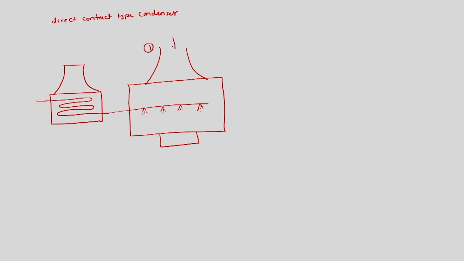This is state 1 where we are getting the turbine exhaust. So this is steam. Then this is the cooling water at state 3, it is sprayed in the air, and this is state 2, which is the condensate.